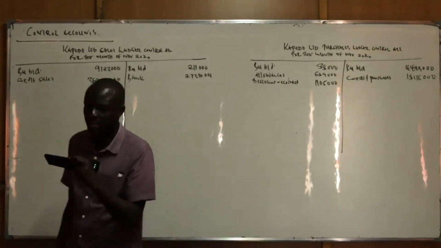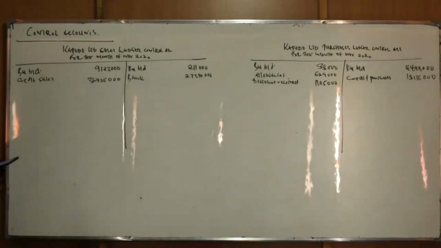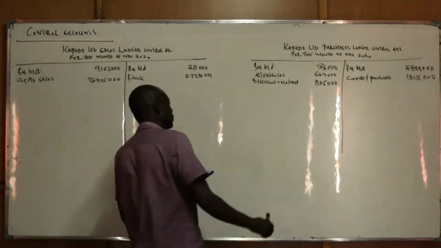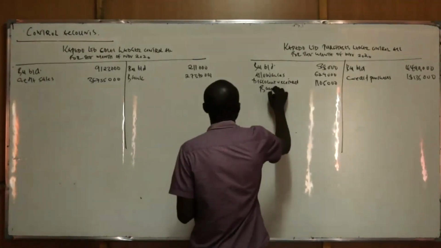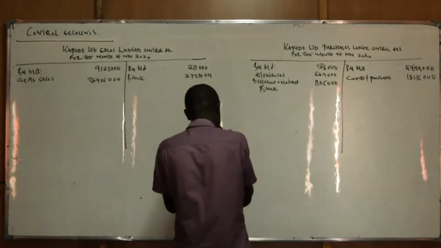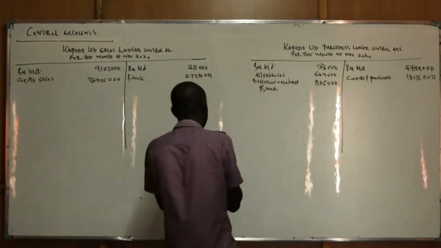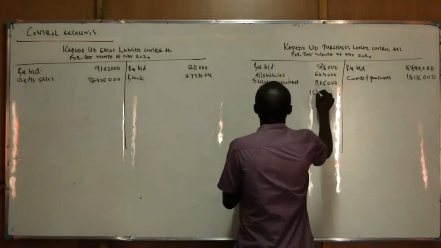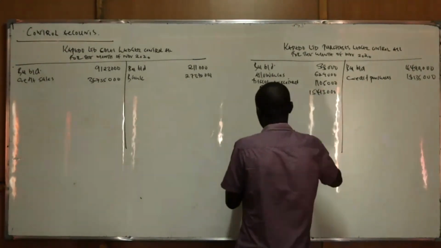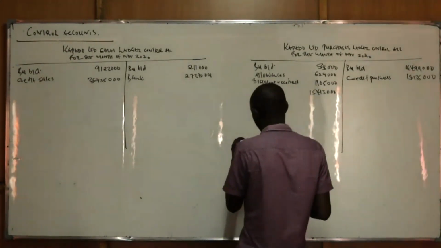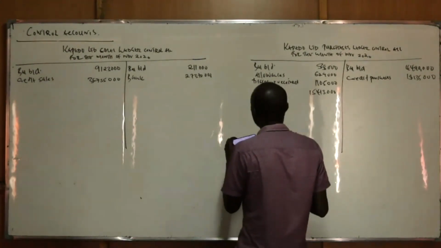So they paid creditors by check. Where do you post? Payment to creditors. We are reducing the value of supply. So you write here, bank, isn't it? How much is it? 15,413,000. Is it so?